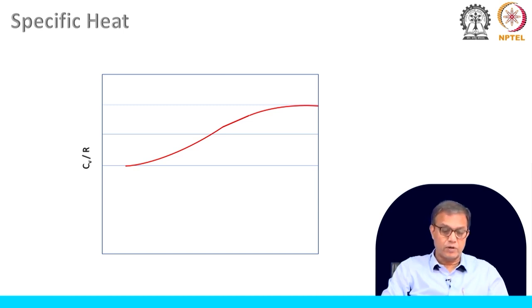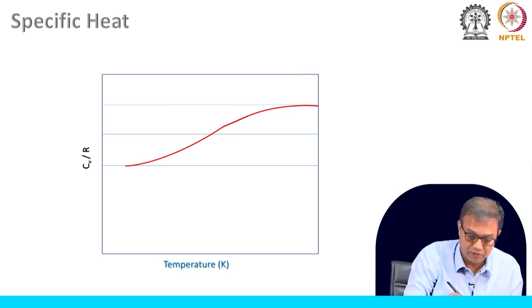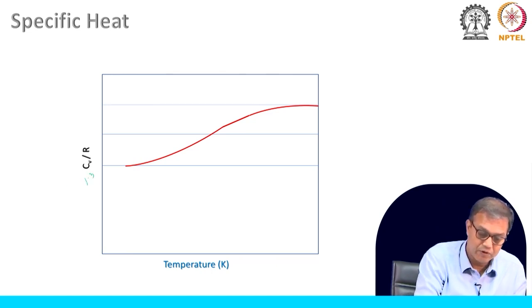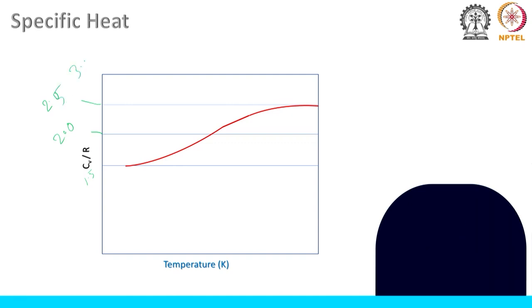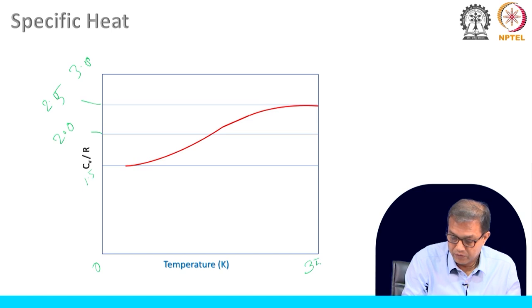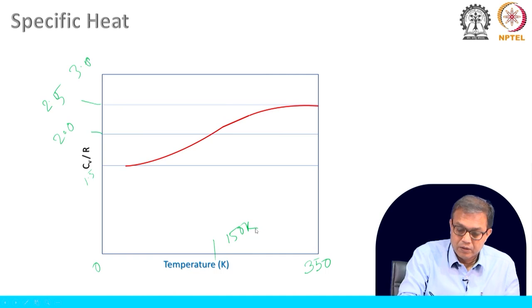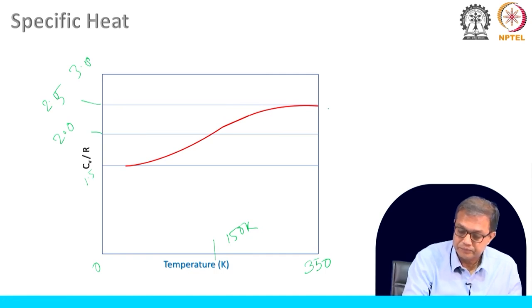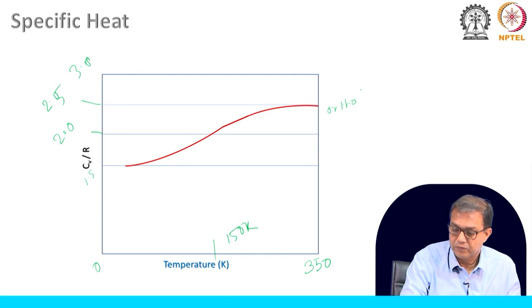The CV of ortho and para are quite different, and if we try to plot it, this axis is 1.5, 2, 2.5 and 3, and on the temperature scale we have about 350, around 150 K or so. So this is for the orthohydrogen.